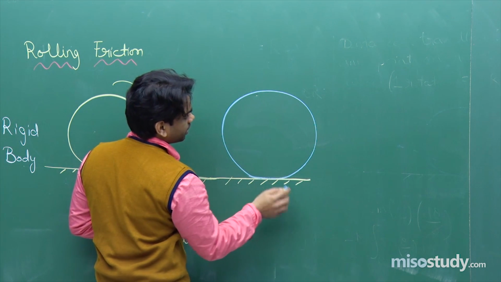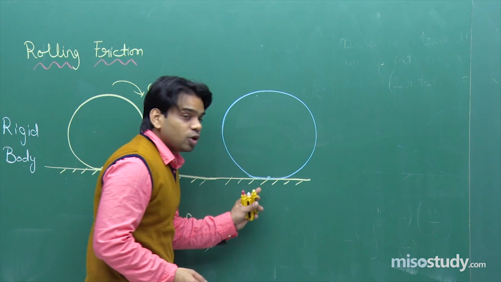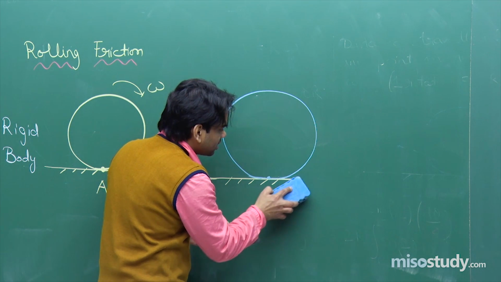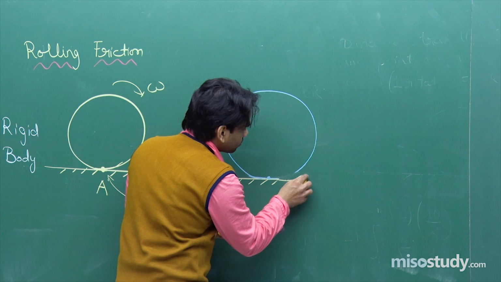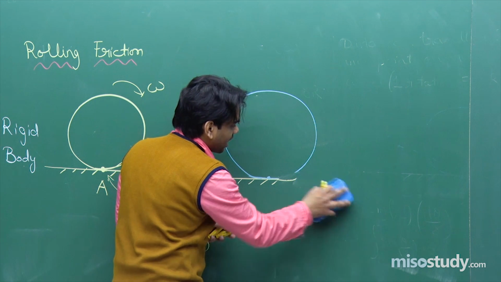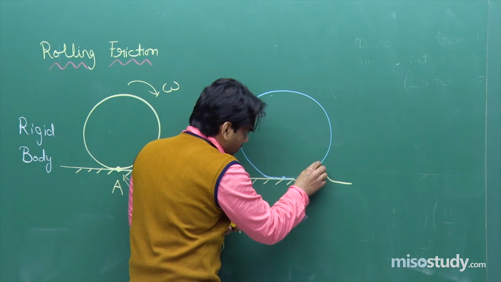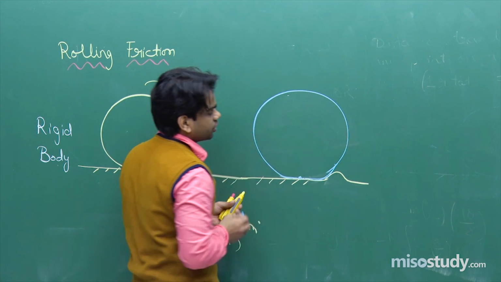I have shown it a bit deformed at this position. If I mark this surface to be slightly non-uniform, I hope you can understand what we are talking about. Let's say it is slightly deformed at this position.